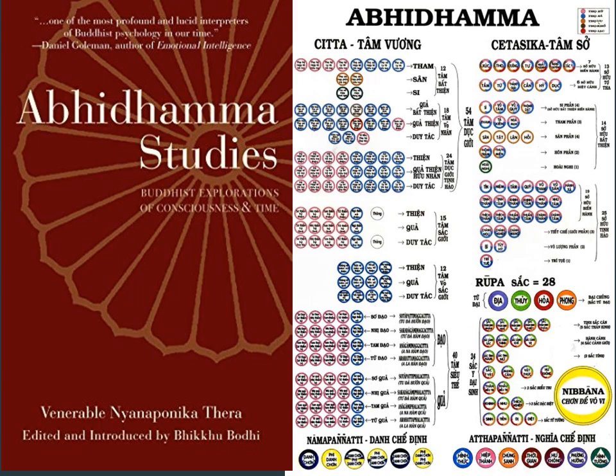Then under Cetasika, there are 52. The first number here, 13, represents the morally neutral or unspecified. Next we have 14, which represents the unwholesome, and then 25, representing the wholesome. At the bottom right, we have Rupa, the material form, 28 classes. The first row, 4, represents the basic elements, and the next few rows, 24, represent the derivatives.